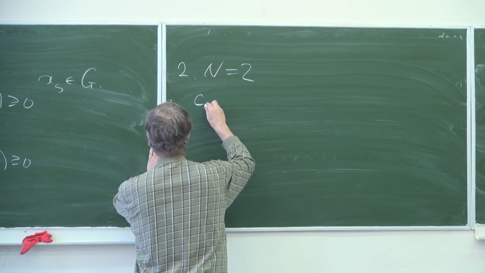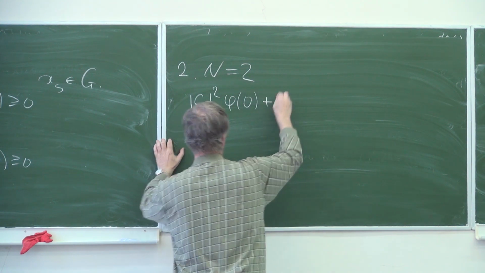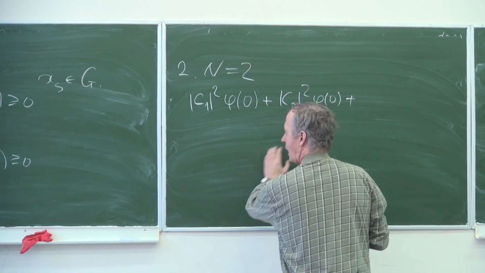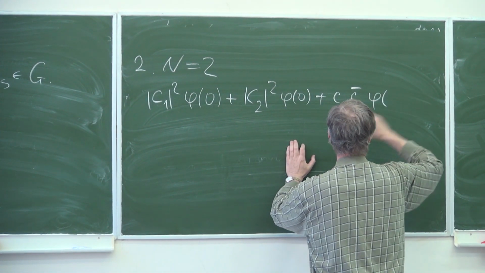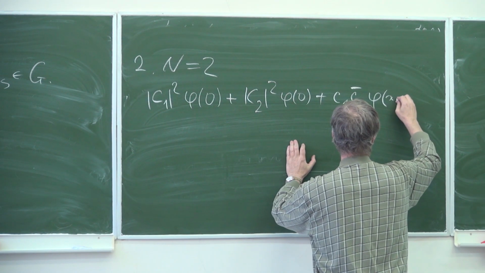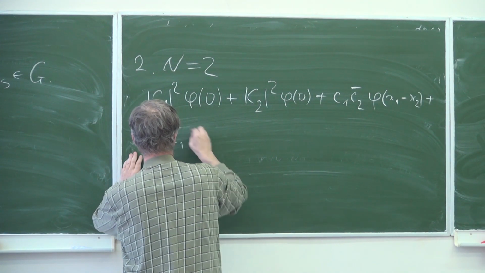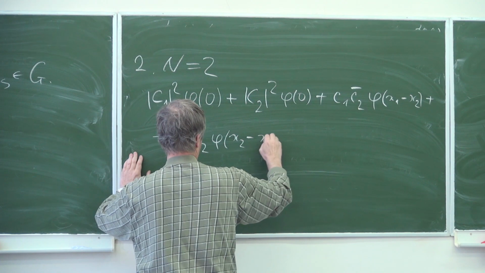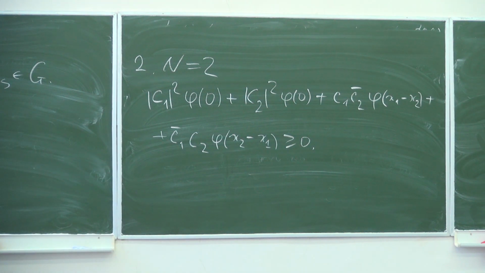C1 absolute value squared phi of 0 plus C2 absolute value squared phi of 0 plus C1 C2 bar phi of x1 minus x2 plus C1 bar C2 phi of x2 minus x1 is non-negative. Okay? So we have this.